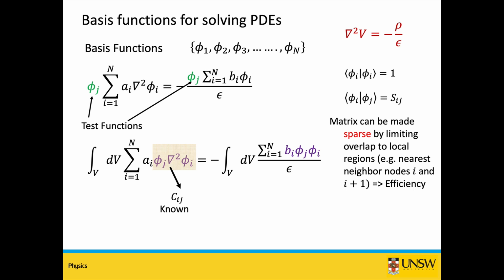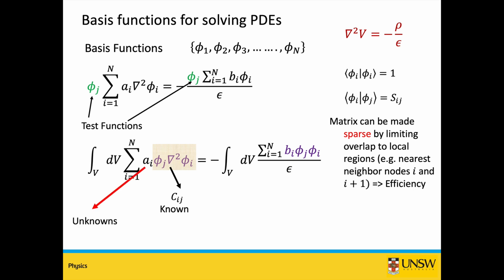Now let us write this as a matrix. If I pull these test functions inside the summation, I can write this with a coefficient. The del square is now a local operator over the basis functions. Let's write these matrix elements as C ij, that is the operator evaluated between basis functions i and j.